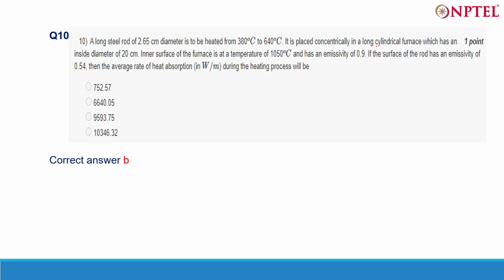They place concentrically in a long cylindrical furnace which has inside dia of 20 centimeter. Inner surface of the furnace has an emissivity of 0.9. If the surface of the rod has an emissivity of 0.4, then find the average rate of heat absorption during the process. So let's solve this question.